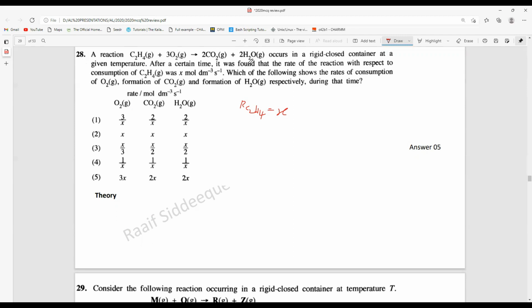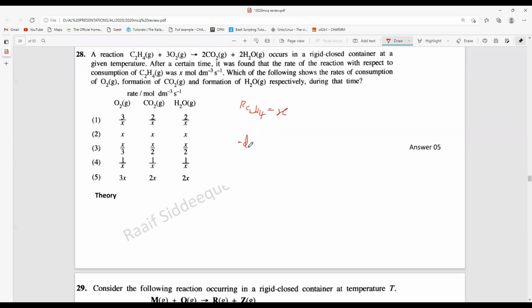Okay, so they're asking the rate with respect to the other components, right? The easiest way to do this is to equalize all these rates and write down the rates of O2, CO2 and water in terms of this X. So if you remember, for the reactants, we write down the rate in the negative form because they are consuming.